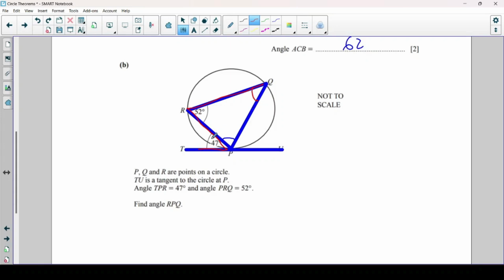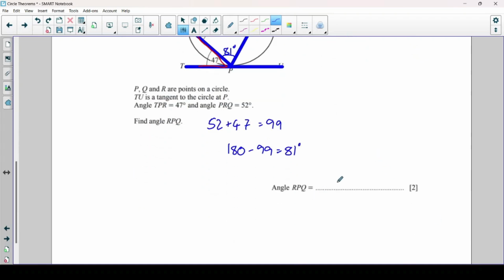This one here is equal to that one down here, so that one there is 47. Then we're going to use angles in a triangle. 52 add 47 is 99, and then 180 subtract 99 is 81 degrees. So RPQ is equal to 81 degrees.